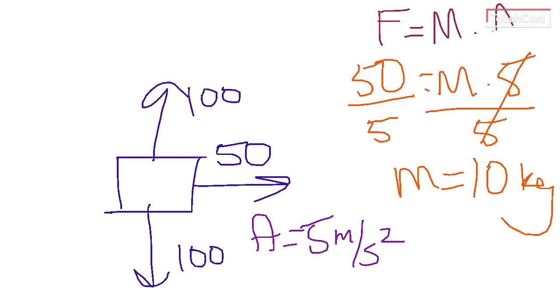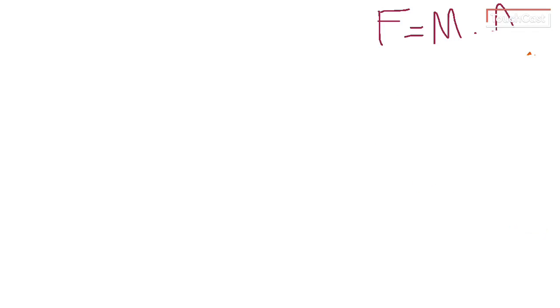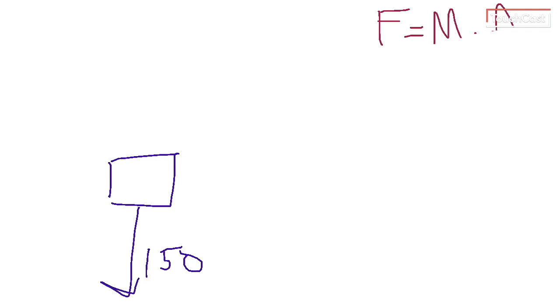I think where this can sometimes get a little tricky is when you're solving for an actual force or an arrow. So let's do one more example before we wrap up this video. Let's say I have a box here, and as always, we have gravity. Let's make it 150 this time, 150 up.